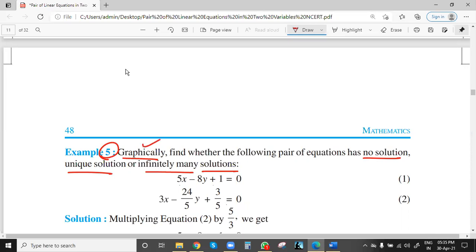See, graphically they are saying, but we can use this A1 by A2 ratio, B1 by B2 and C1 by C2 to know the type of lines, whether they are intersecting or parallel or coinciding, meaning they are overlapping one over the other. Check and let me know. You can use the chat option.